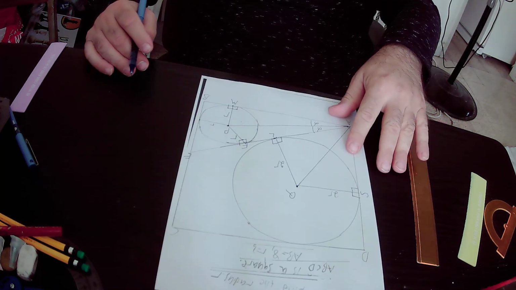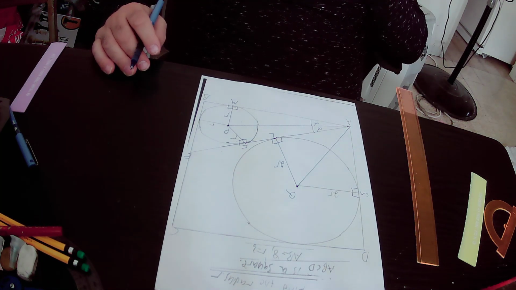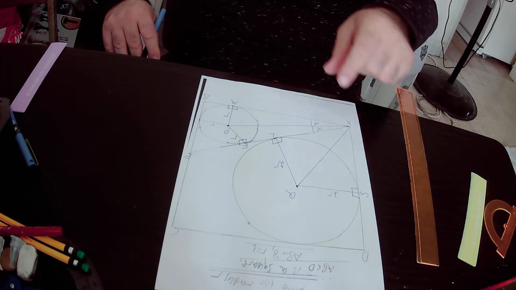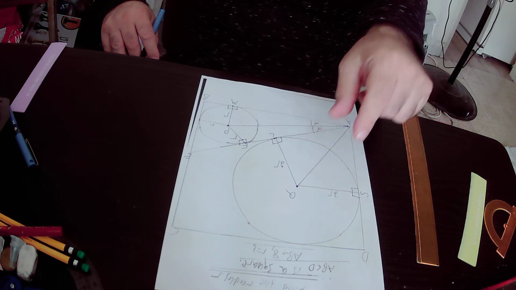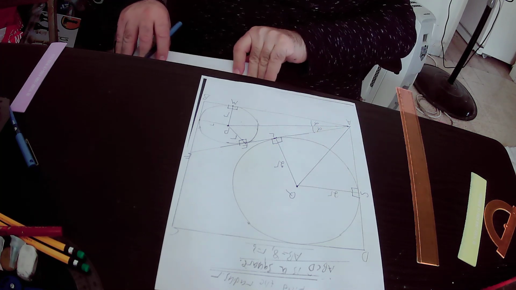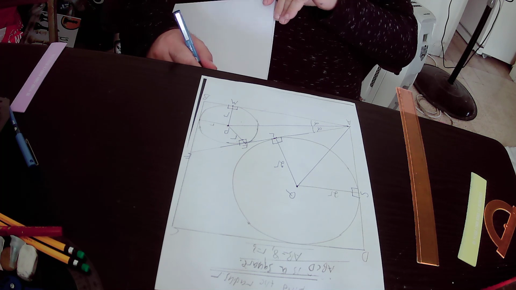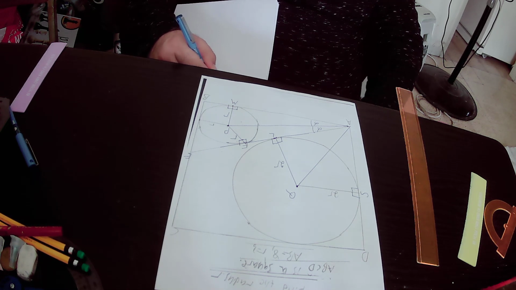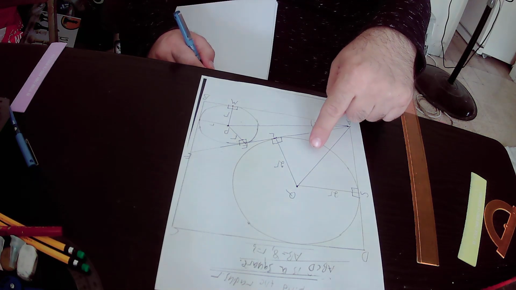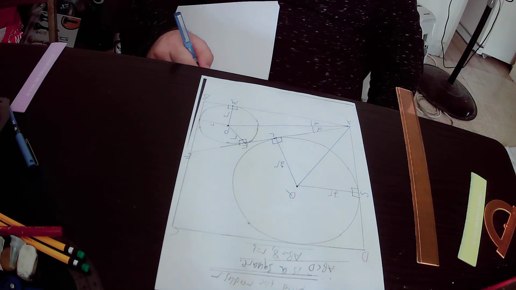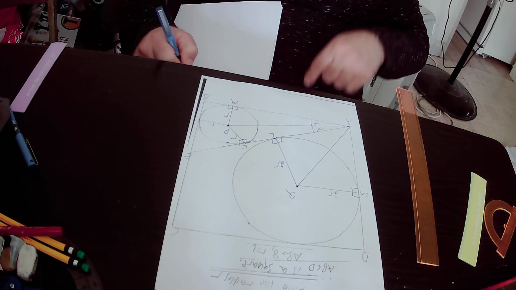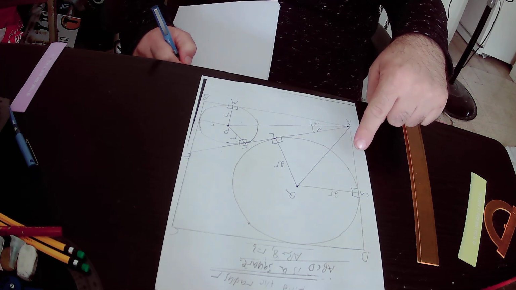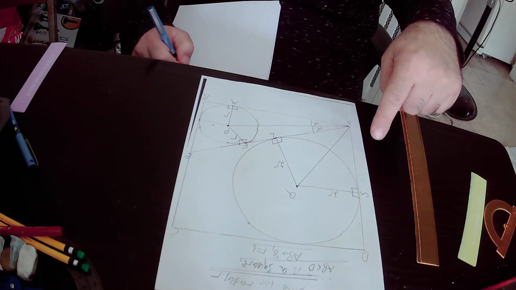Okay, so in the next step, we will prove that those two right triangles can go into each other. So, actually, we will prove that triangle AQL, this right triangle, is congruent to the right triangle AQS.